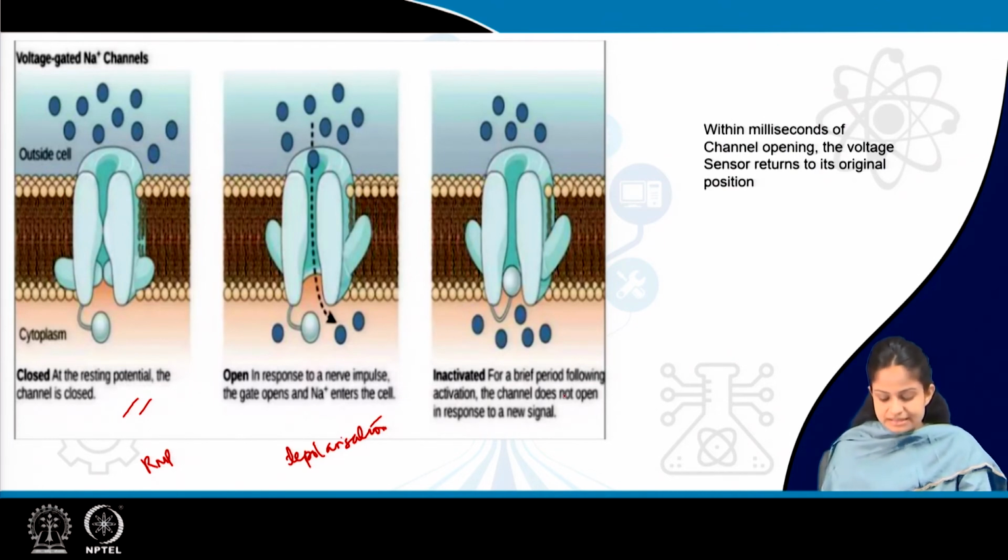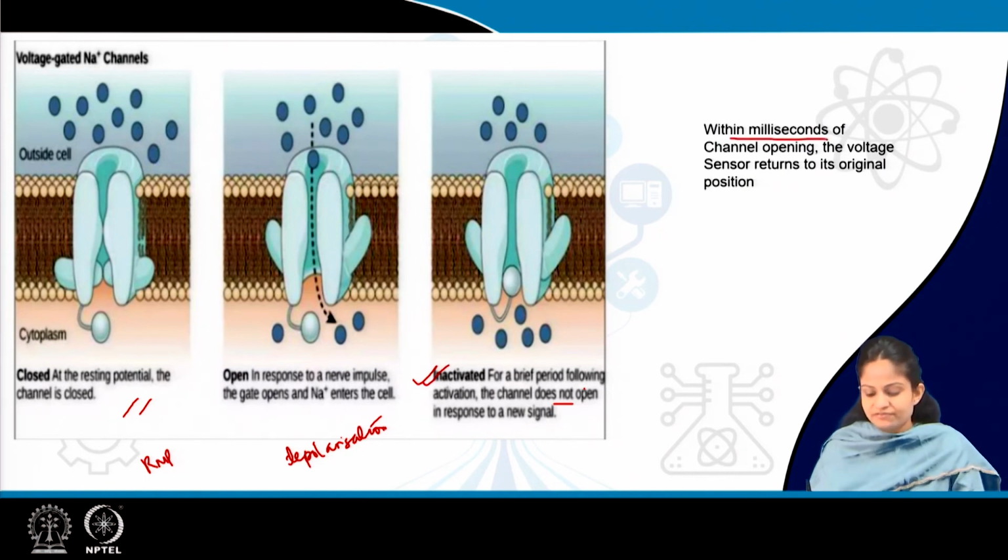In the inactivated state, for a brief period following the activation, the channel does not open in response to a new signal. So, that is the purpose of the inactivation: even if you give any stimulus, there will not be any further action potential generation, because we reach the inactivated state.